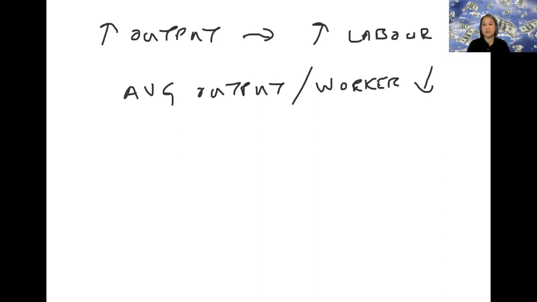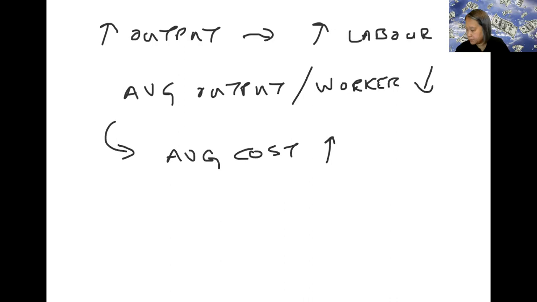And when it gets too crowded, average output will start to decline. And when average output starts to decline, what you are going to see is that average cost will start to increase. And if average cost starts to increase, well, you as a business, in order for you to keep increasing your output, that means the only way you're going to be enticed to increase output is to increase your prices.